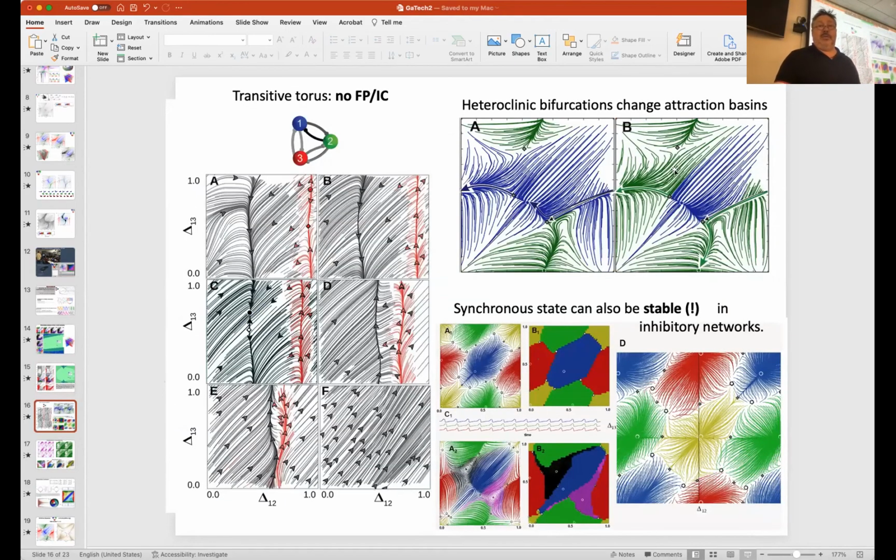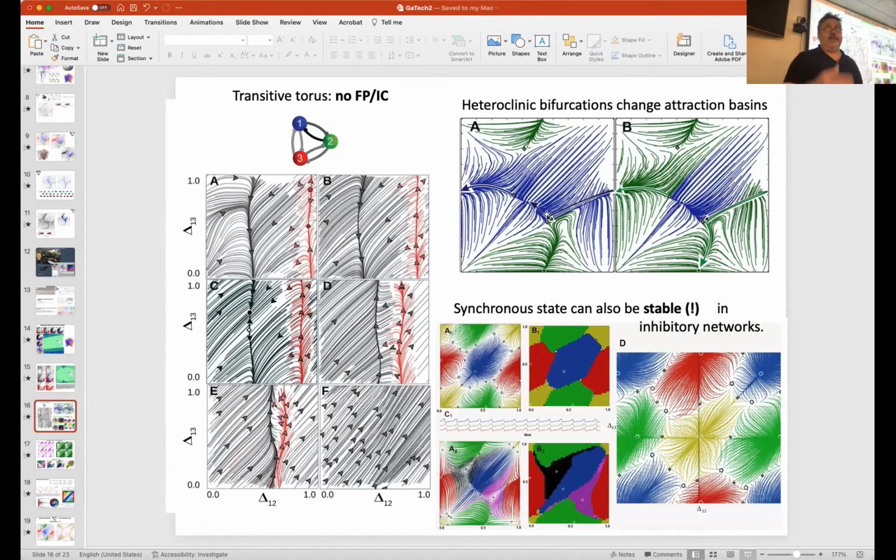So just another example, just to emphasize the role of heteroclinic bifurcations. Look at this map. You can see that it's mostly populated by the blue color, which means the basin of attraction of this point is largest. And then with a little bifurcation, all of a sudden, the blue basin of attraction shrinks and the green basin of attraction extends. Why? Because there is a heteroclinic connection between these saddles.